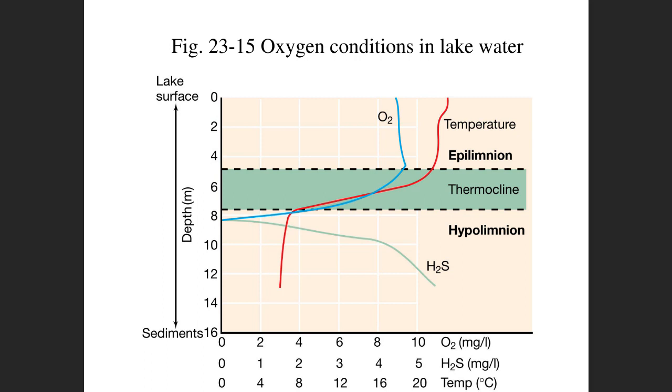But when it gets to 5 meters down, the water on top is still microcirculating, but when it gets deep, there's always a thermal layer. That water gets so cold it doesn't move anymore, and because the water doesn't move, the oxygen level goes down quickly.